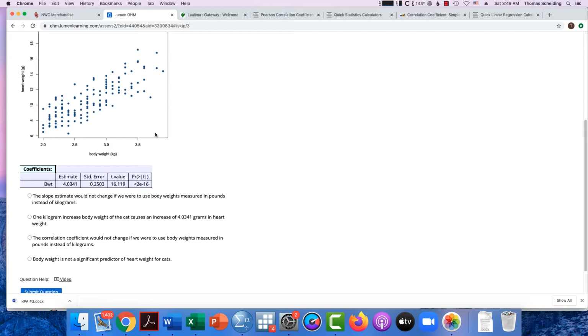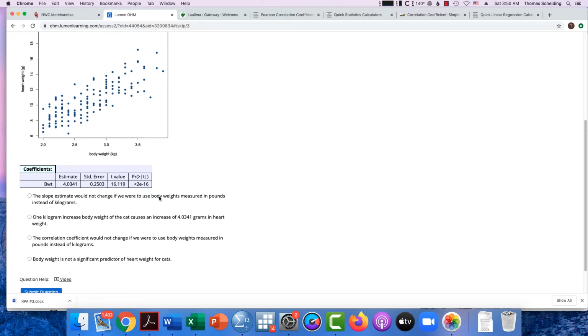So let's just start here. The slope estimate would not change if body weights were used in pounds instead of kilograms. That's not true, because the numbers would be different. The slope estimate would have to be different because 1 kilogram is 2.2 pounds.